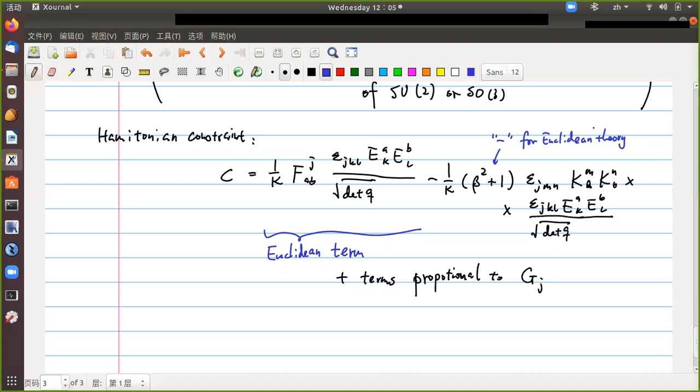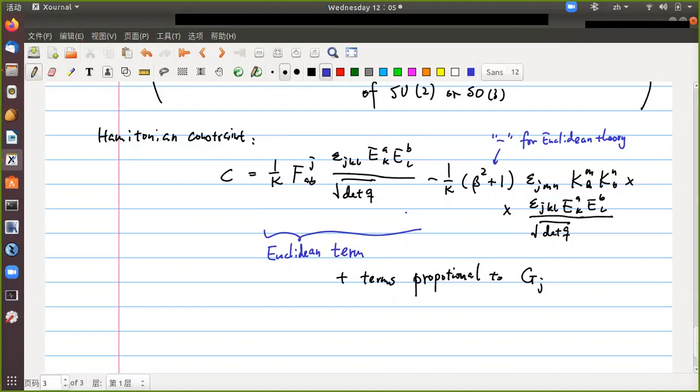Then you end up with a minus sign here, and you can see that if you consider beta, the Barbero-Immirzi parameter, as a free parameter at the classical level, you can just put beta equals 1 and cancel the second term, and you're left with the first term. So for Euclidean theory, you can have a very simple Hamiltonian constraint being just the first term. That's why the first term is called the Euclidean term.